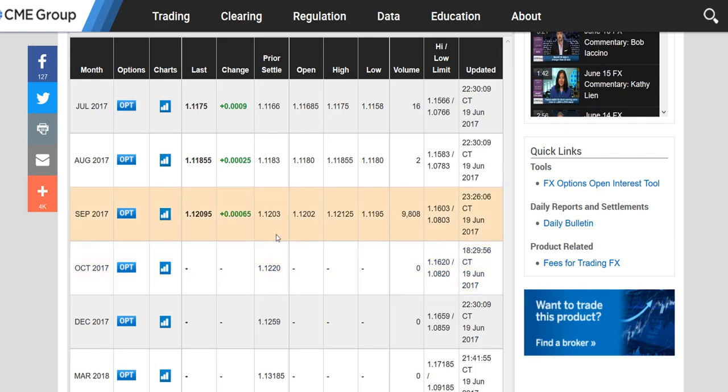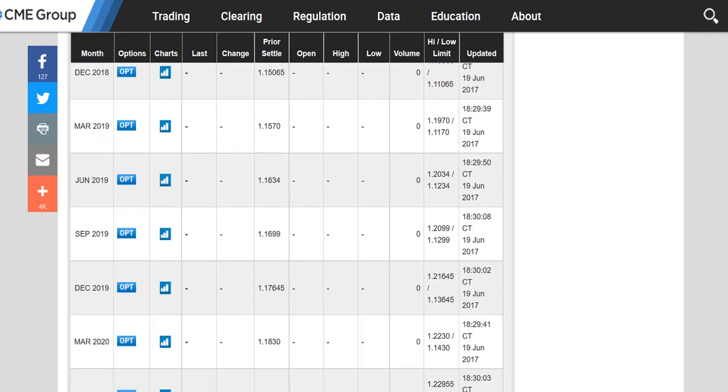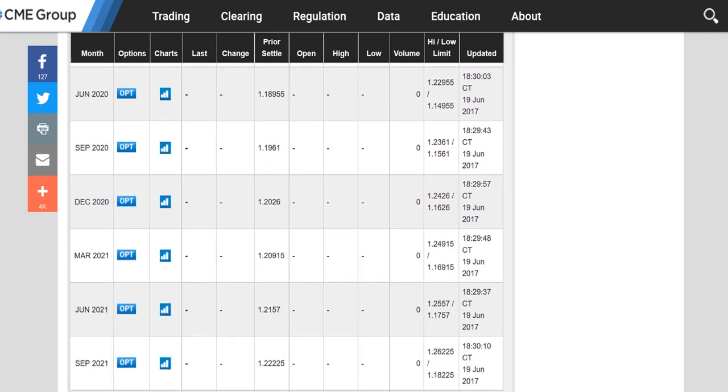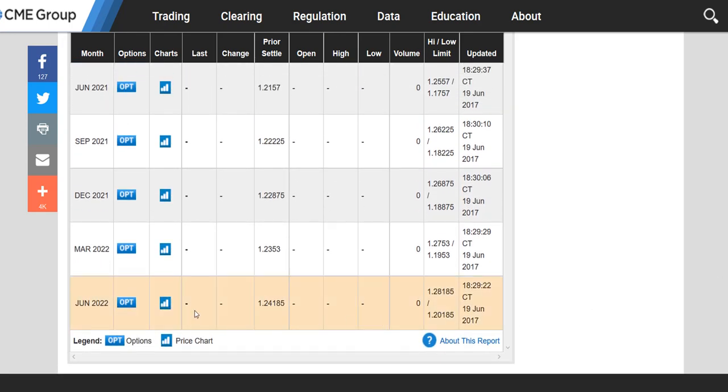So the curious part here is the continuous depreciation of the dollar against the euro. And if you want to buy today a contract for delivery of euros in June of 2022, the quote is $1.24185 per euro.